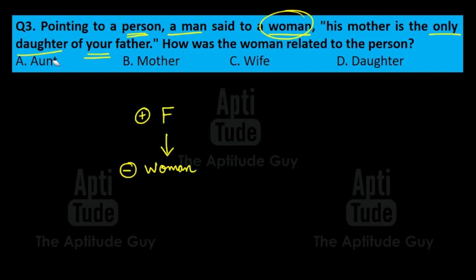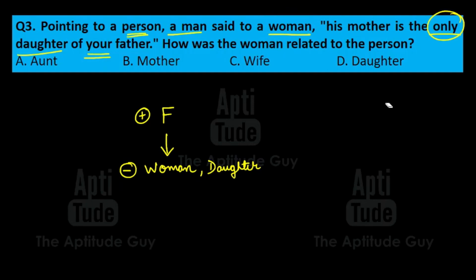All right. Now they have mentioned only daughter of your father. If at all you got the answer as aunt, then I'm afraid you did not read the word only carefully. Because this guy, this father, has only one daughter. And who can be that only one daughter? The woman herself. If you are a woman and your dad has only one daughter, then you are that daughter. So the woman is the woman and the woman is the daughter as well.